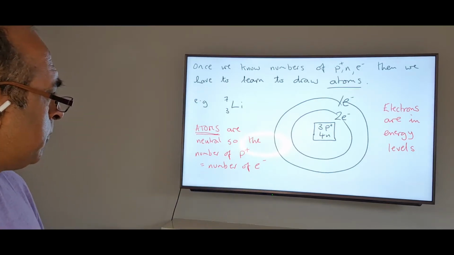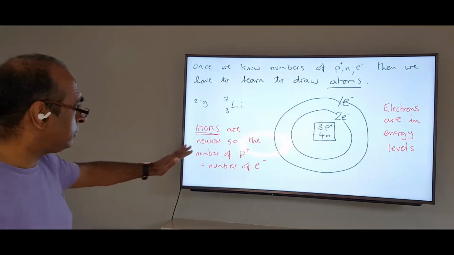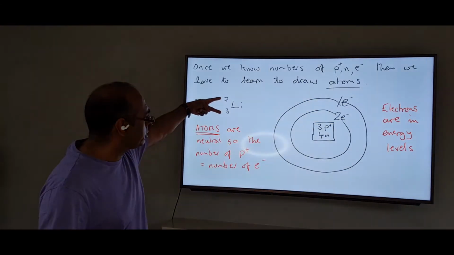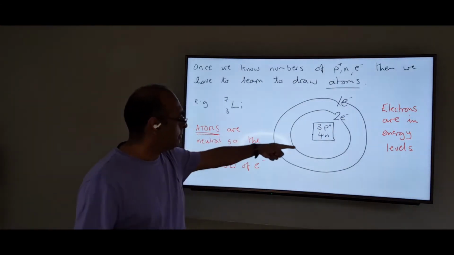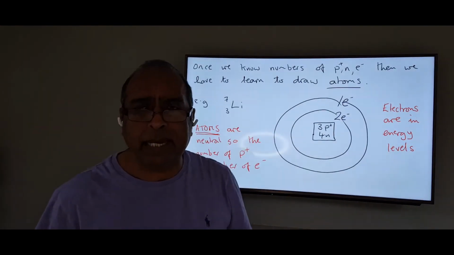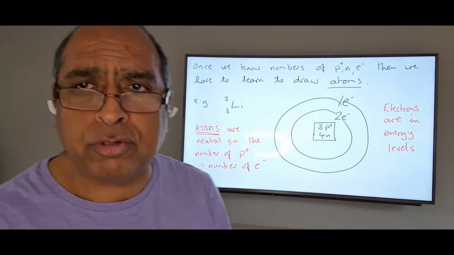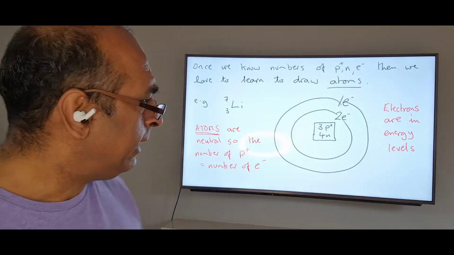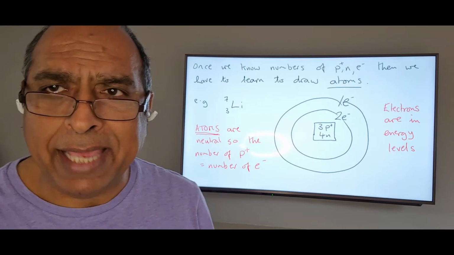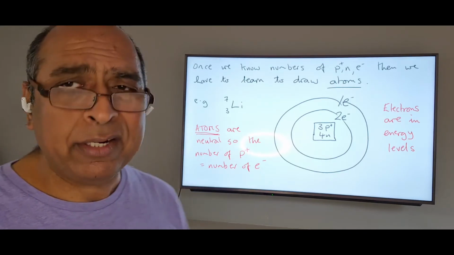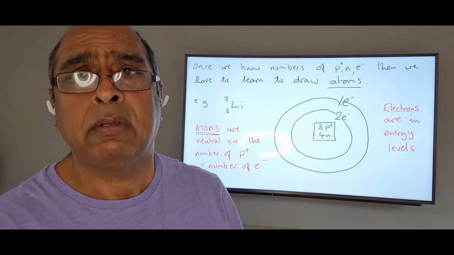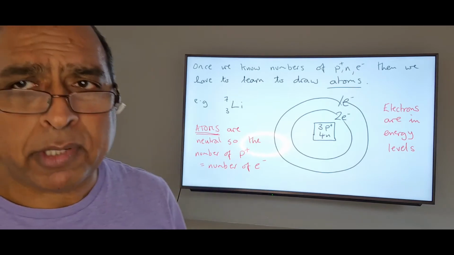So I want you to draw atoms like that, and I want you to be able to use the 2 numbers to get them. And then the final thing is the electrons have to be drawn in orbits, or the proper word is energy levels. You can call them shells, but the proper word is energy levels.